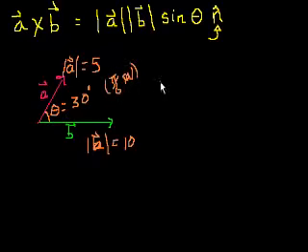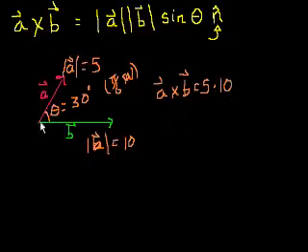So what will be A cross B? A cross B is going to equal the magnitude of A, so the length of this vector, which is 5, times the length of this B vector, so times 10, times the sine of the angle between them. And of course, you could have taken the larger, obtuse angle between them. But I said earlier that it was the smaller, acute angle between them, up to 90 degrees.